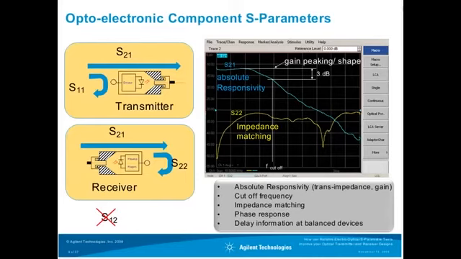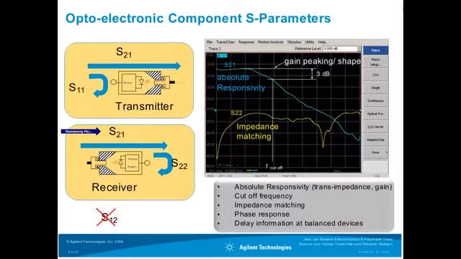Now coming to a few definitions of optoelectronic component S parameters. If you have a transmitter, it is characterized by two essential S parameters. One, which describes the conversion efficiency from the electrical to the optical domain, is the optoelectronic S21, the forward transmission factor. But in a transmitter you also have the electrical return loss.